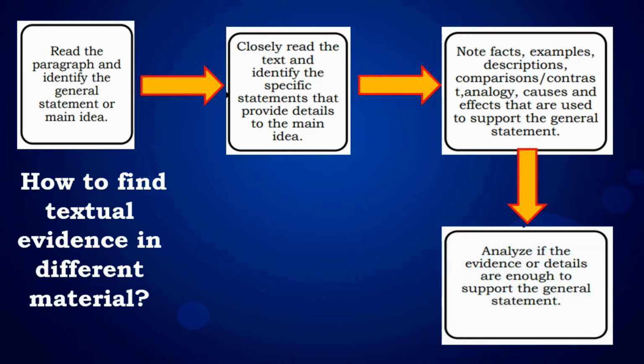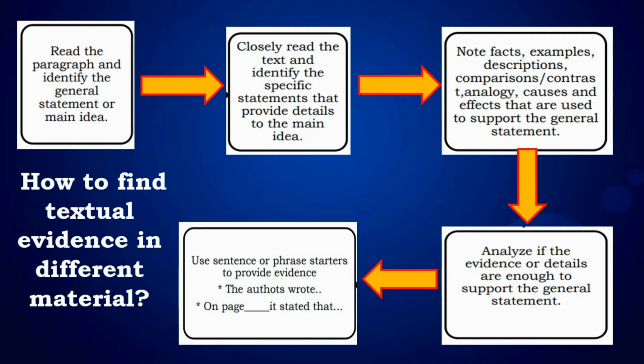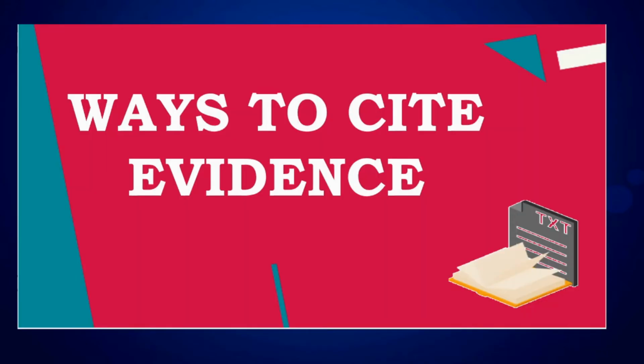Next, analyze if the evidence or details are enough to support the general statement. And finally, use sentence or phrase starters to provide evidence, such as "the author wrote" or "on page blank it stated that." And here are the ways to cite evidences.